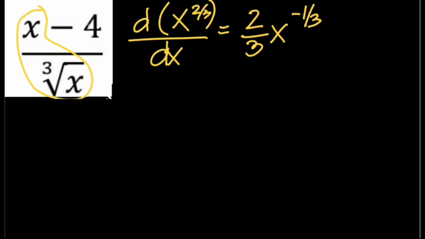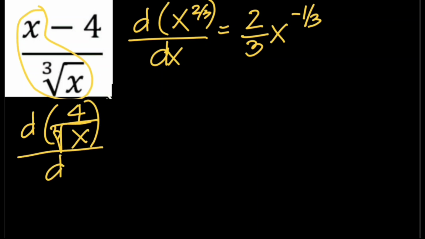The other one is 4 over cube root of x. So the derivative of 4 over cube root of x with respect to x.